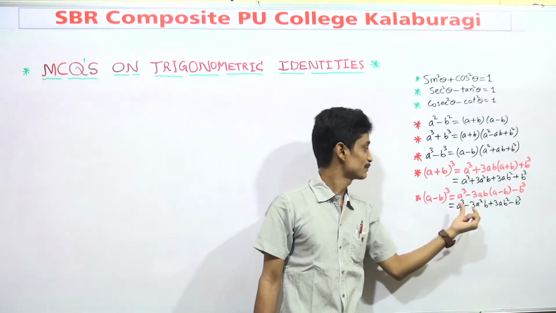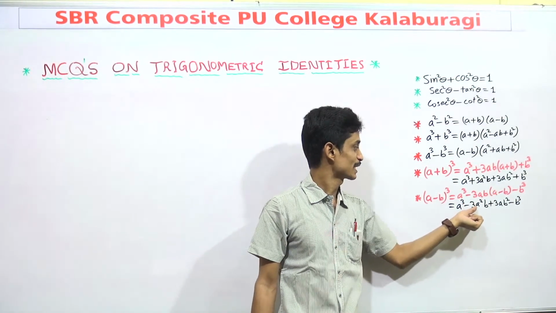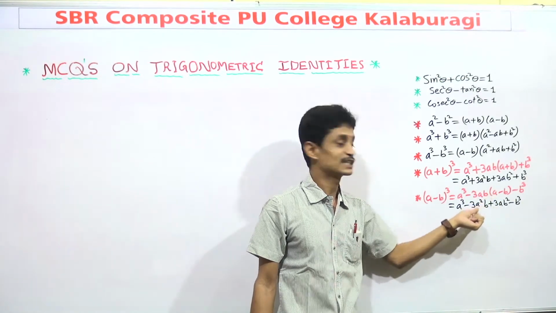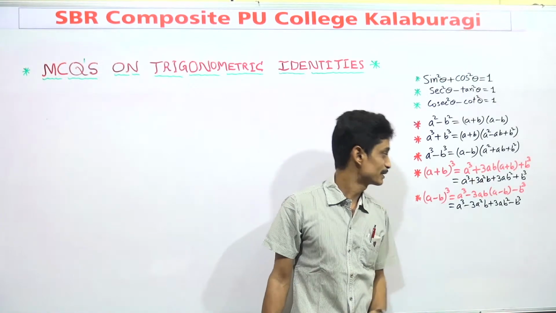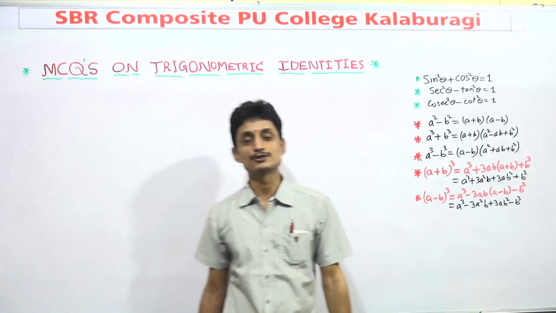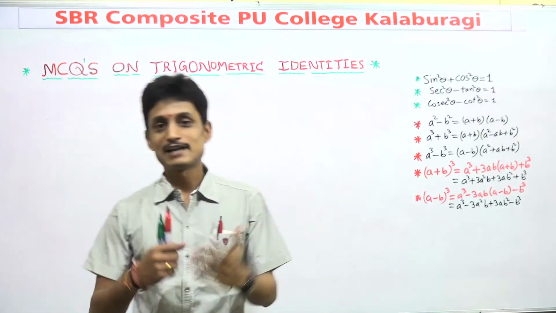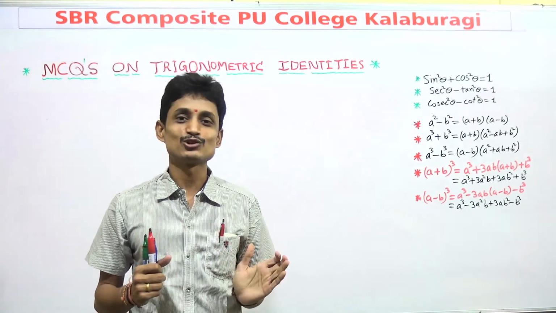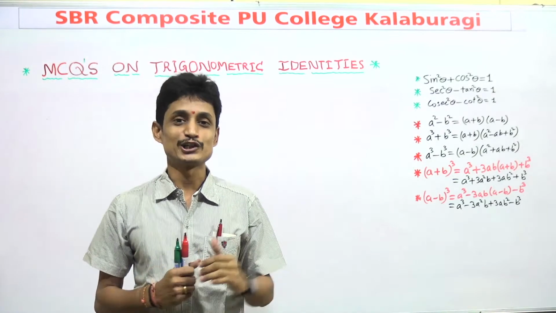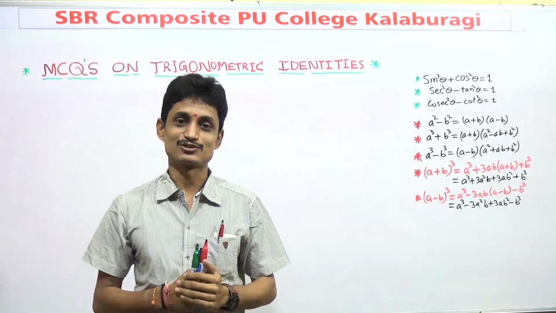If we remove the bracket, we get a cube minus 3a square b plus 3ab square minus b cube. On these formulas, I will discuss with you some problems. And one more identity, basically you know that a plus b whole square is a square plus 2ab plus b square.